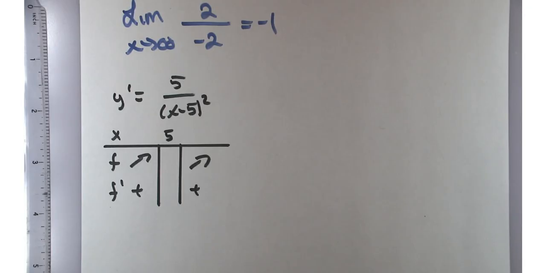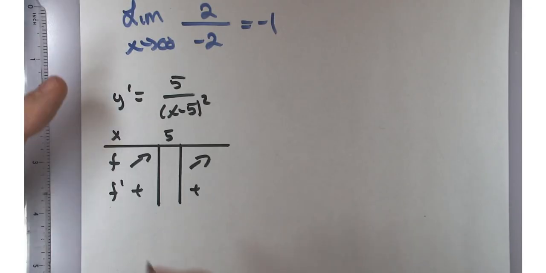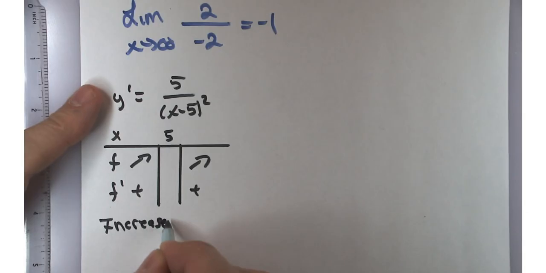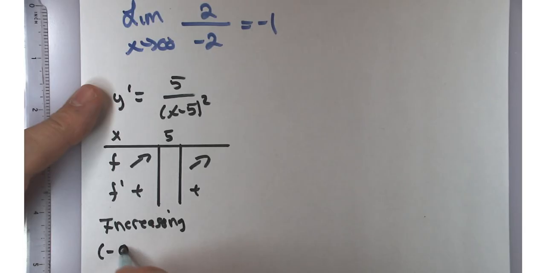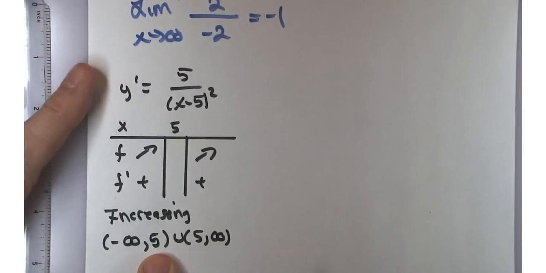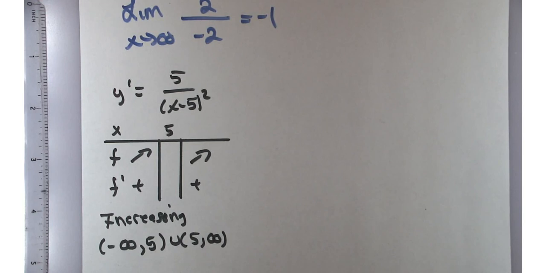Now, if you're asked on WebAssign, where is it increasing? Please don't put negative infinity to infinity. It's increasing from negative infinity to 5 union 5 to infinity. So you're dancing around that 5. Remember, 5 is not actually in the domain of this function.